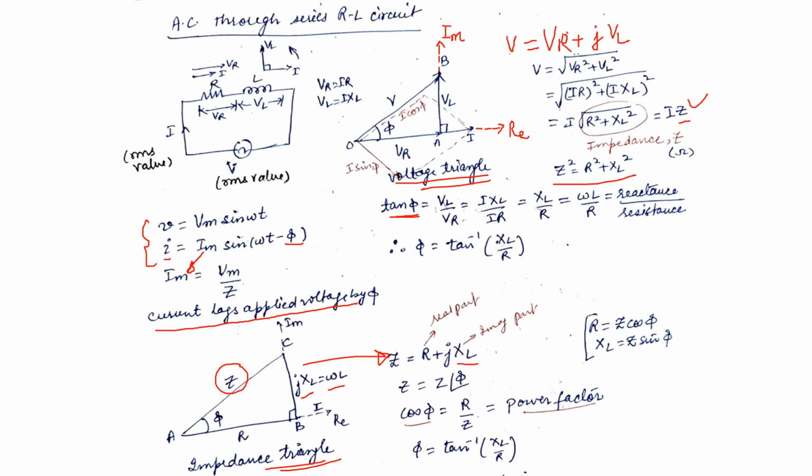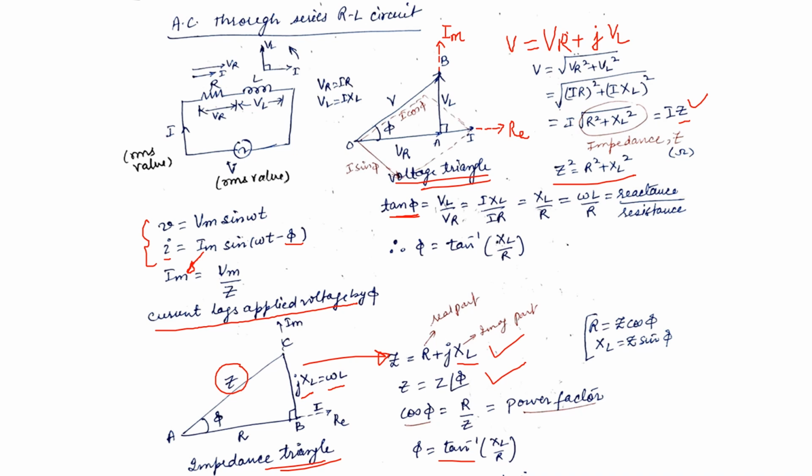This is called the rectangular form of representation of Z. In the polar form of representation, we can write Z is equal to |Z| angle phi, right? Now also we can write the angle phi from this as tan inverse XL by R.